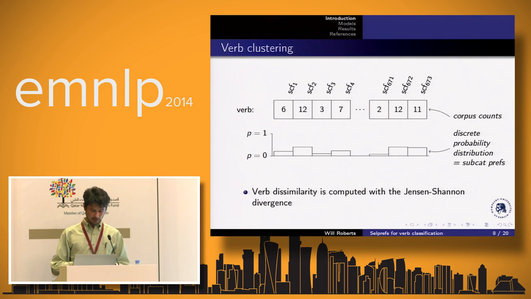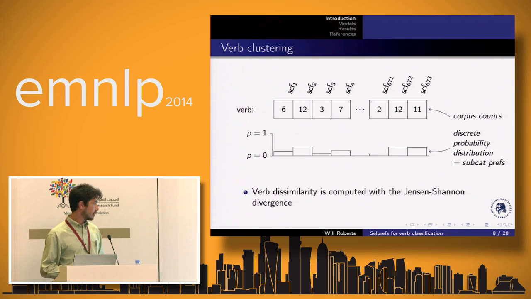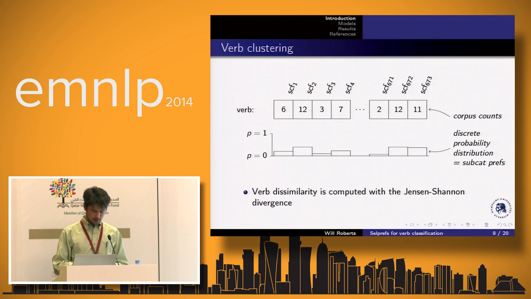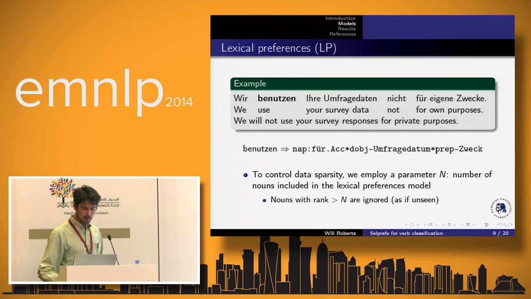We can normalize these vectors to give a discrete probability distribution, which you can think of as an empirical estimate of the verb's subcategorization preferences. Then we define the dissimilarity between any two verbs to be the Jensen-Shannon divergence between these probability distributions. The Jensen-Shannon is a symmetric version of the Kullback-Leibler divergence, so it's an information theoretic metric on probability distributions.